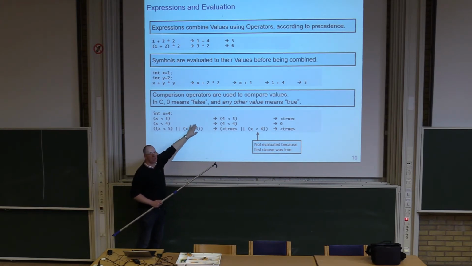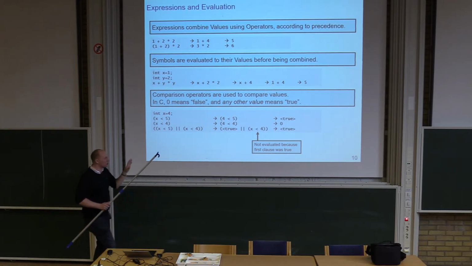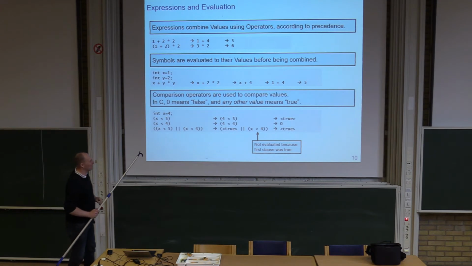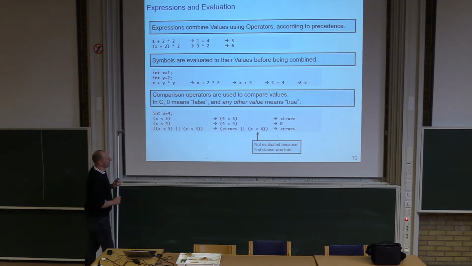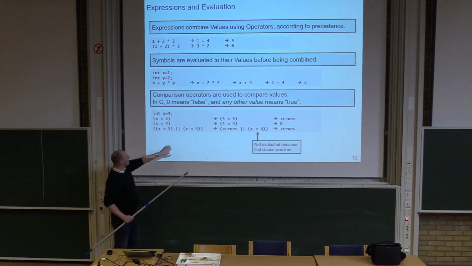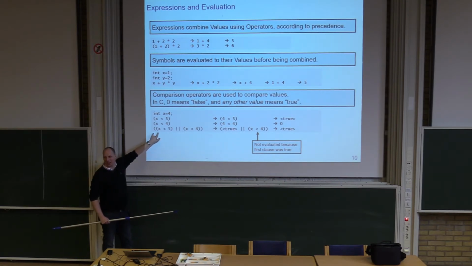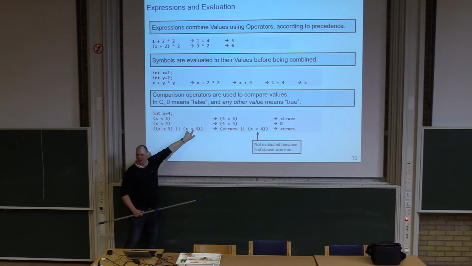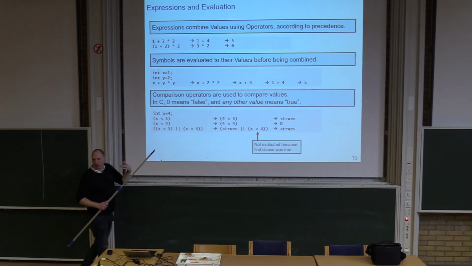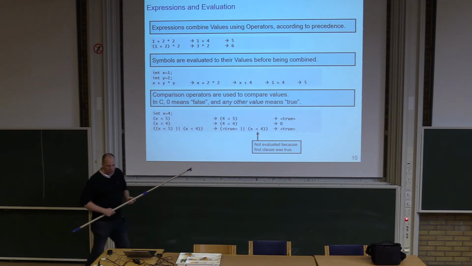But if you do something here, for example, call a function that will change the state of the program, then if this was true, this function will not be called at all. So it's usually not a problem, but there are situations where these things matter. And of course, if you have a logical AND here and this was false, it doesn't matter either. You don't need to evaluate the second argument, because it will be false no matter what.